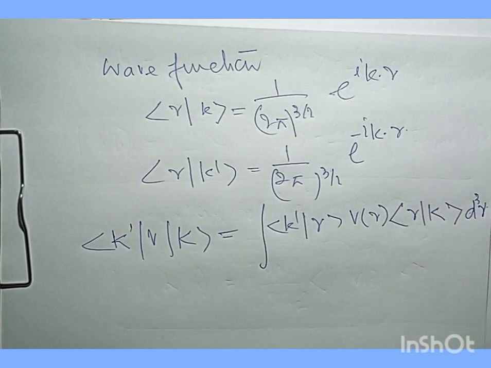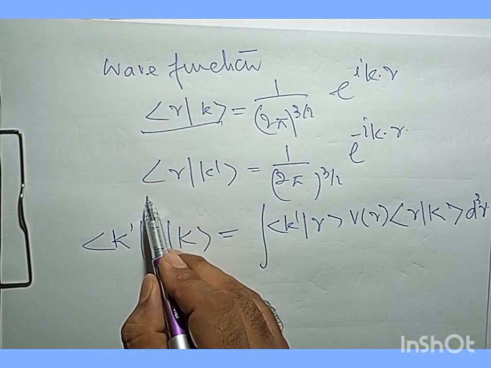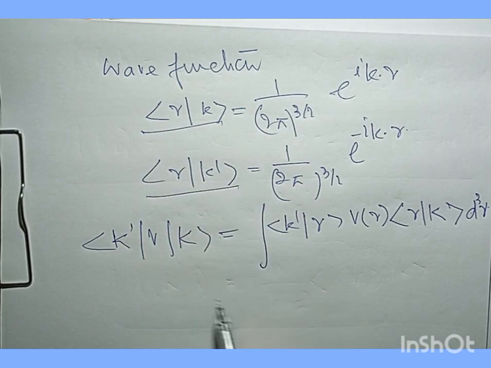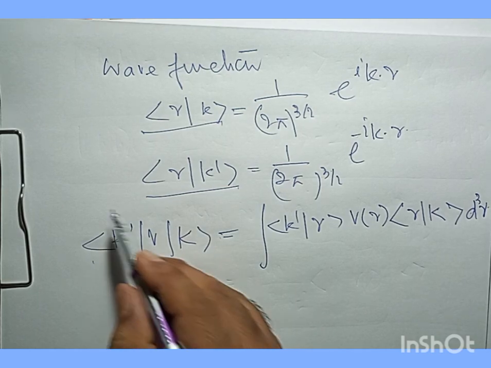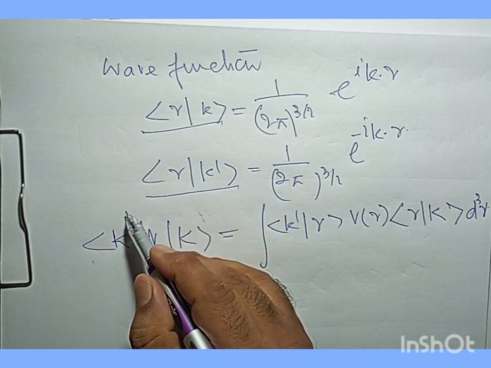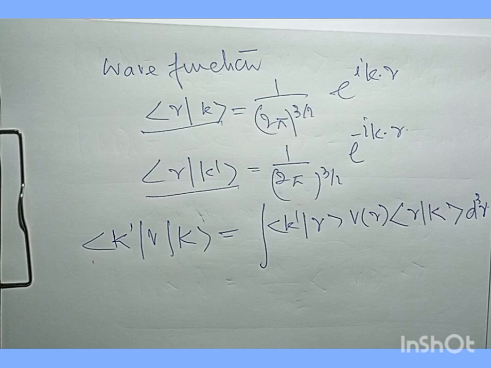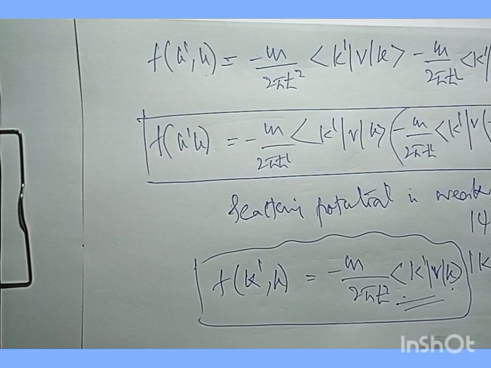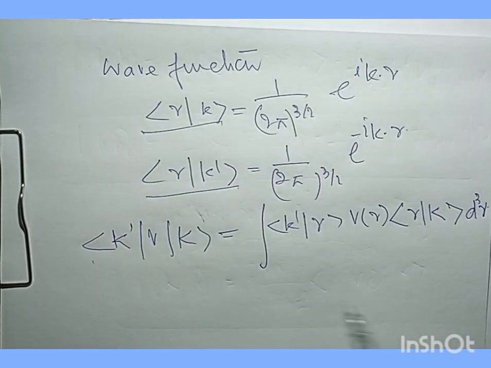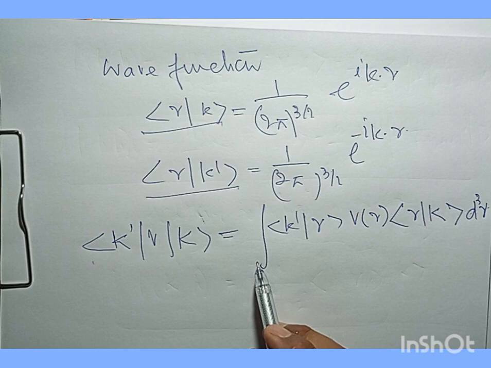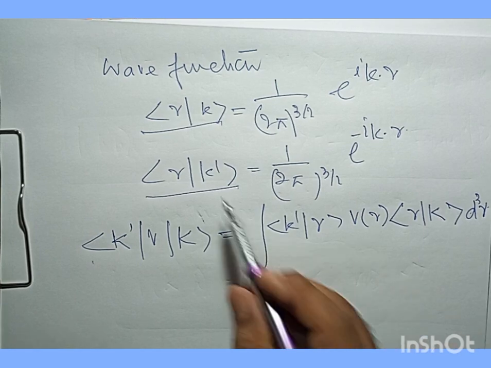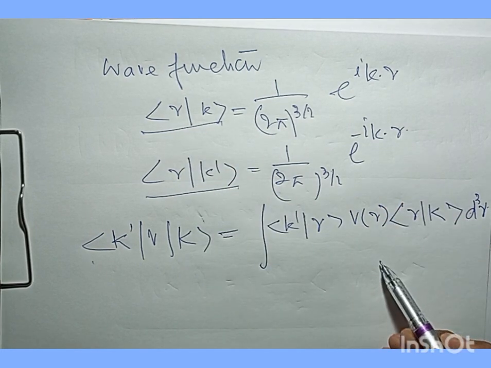All right, very, very simple. All we are doing is making use of the wave functions r k and r k dash in our matrix element. By calculating this matrix element, we are actually calculating the scattering amplitude. And what we do is substitute the wave function in this integral.